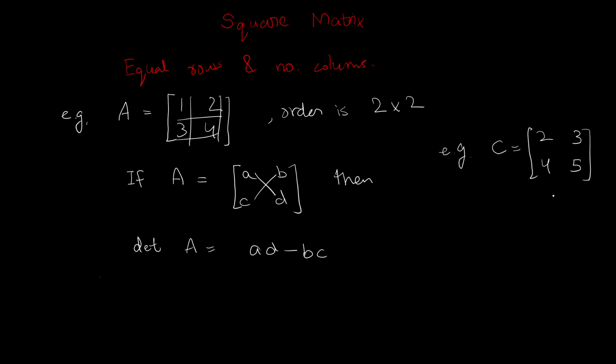What could be the determinant of C? It would be 2 times 5, which is 10, minus 4 times 3, which is 12. It's negative 2.